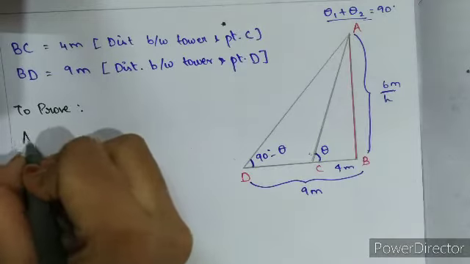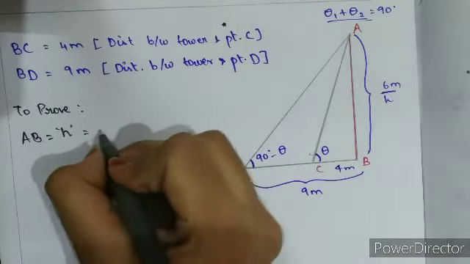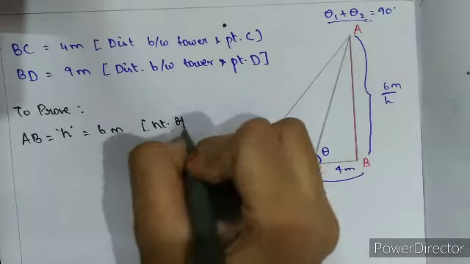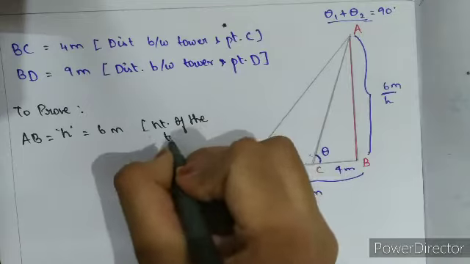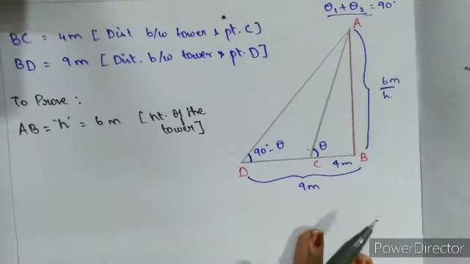So that is AB, we assume that as H, is equal to 6 meter, that is the height of the tower. So we have to prove this statement.